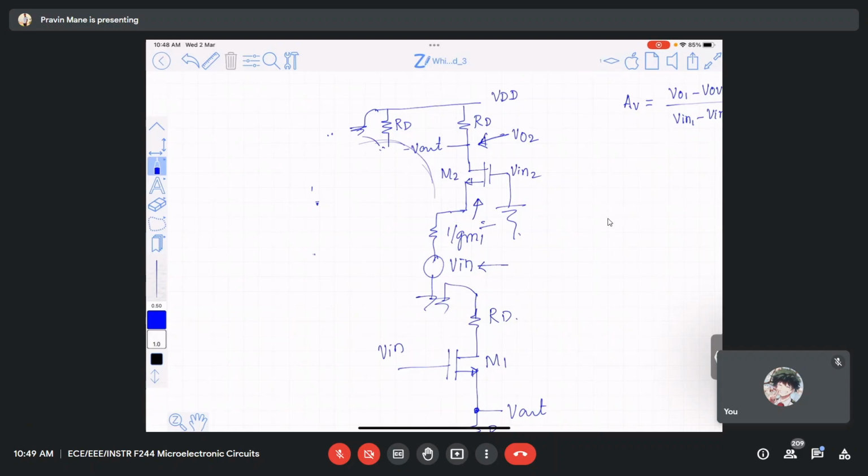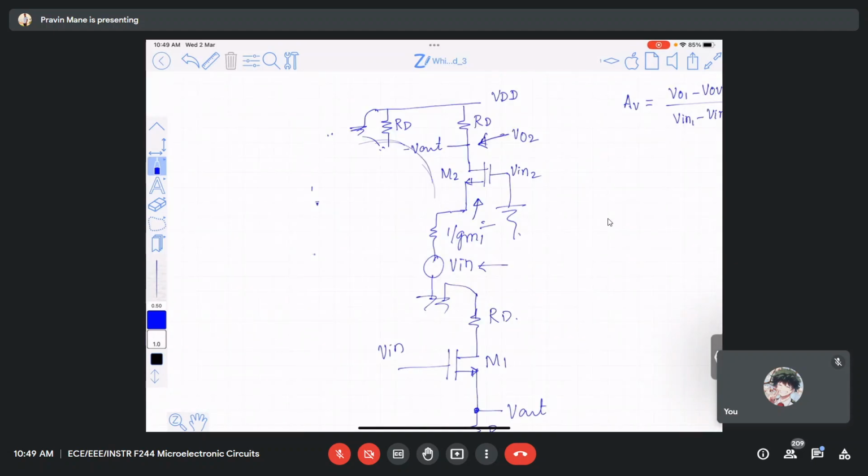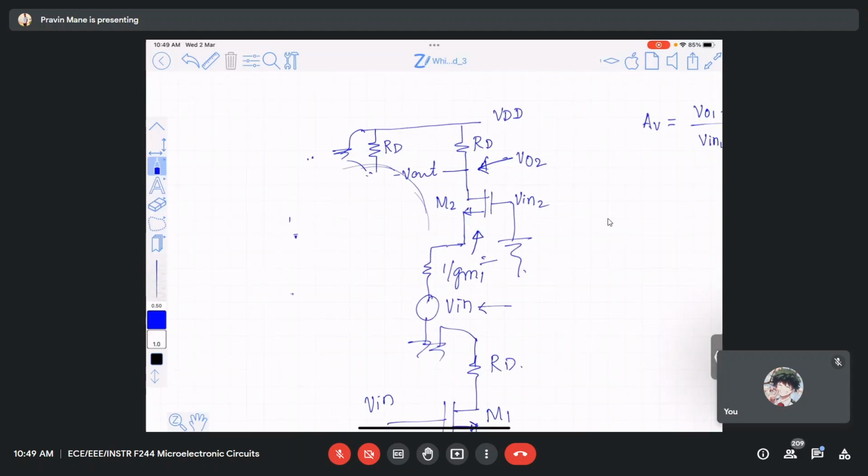Yes, sir. What is the output voltage? So same formula again. What kind of configuration is this one? Common gate. So what is the output? VO2 upon this V in is V in 1. Gain is positive or negative for common gate configuration?